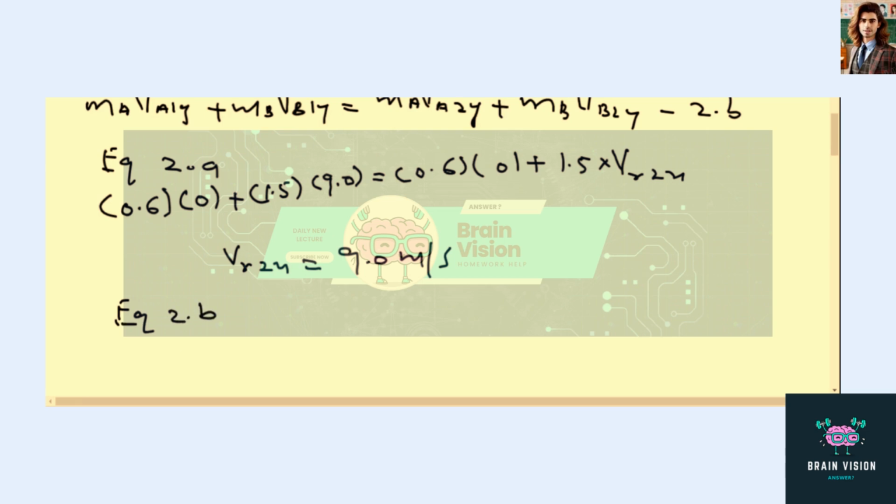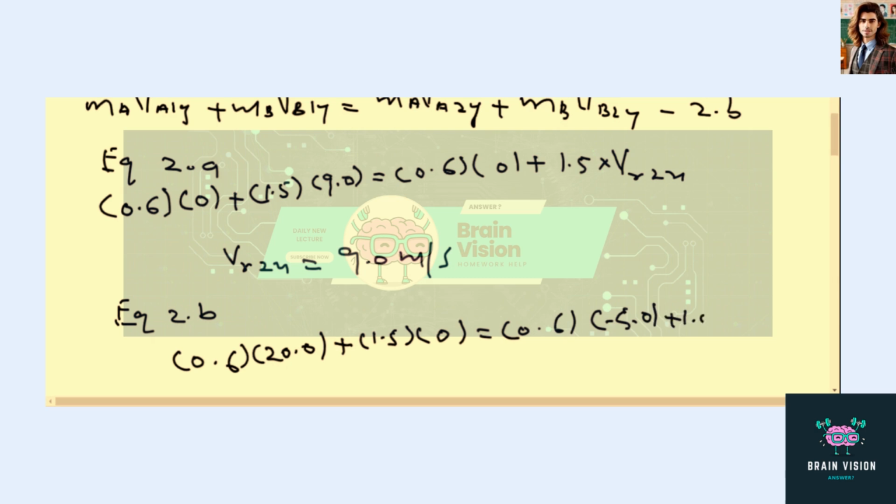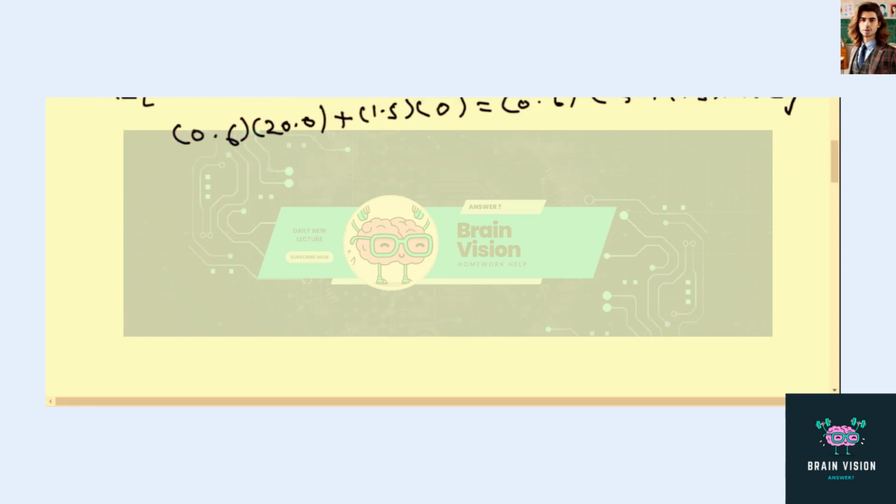Then we have 0.6 into 20.0 plus 1.5 into 0 is equal to 0.6 into minus 5.0 plus 1.5 times Vr2y, and solving for Vr2y, Vr2y is equal to 10 meter per second. Right, now let's do part A.